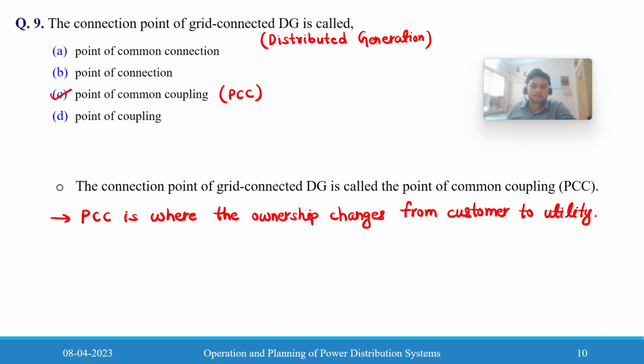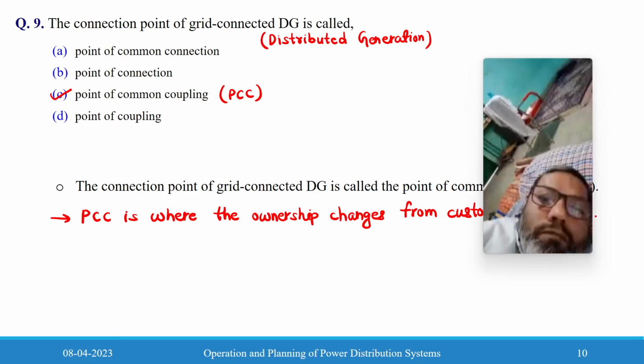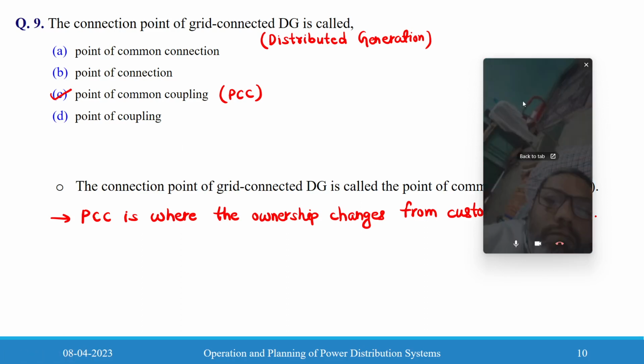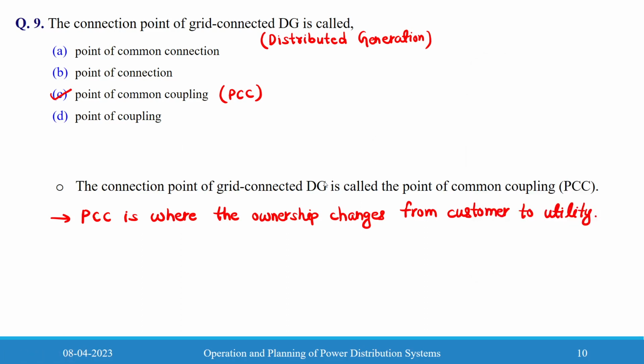So on one side it is the ownership of utility, and on the other side it is the ownership of customer. For industrial type of customers, we generally take it beyond the transformer, like at the high voltage side of the distribution transformer. And for residential type of load, we take the LV side of the transformer as the PCC point. So just take care of that thing.